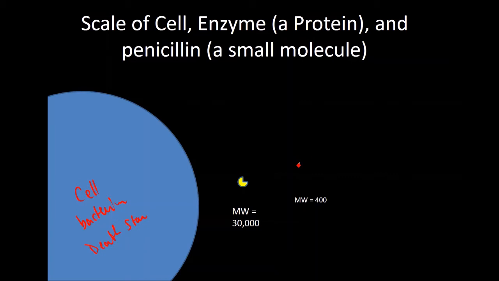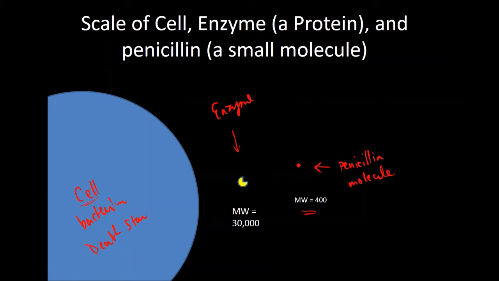This tiny molecule, molecular weight 400, that's the antibiotic molecule, like a penicillin molecule. And the beta lactamase enzyme, this enzyme here, made by the cell, is designed to intercept the penicillin and destroy the penicillin before it can harm the cell.